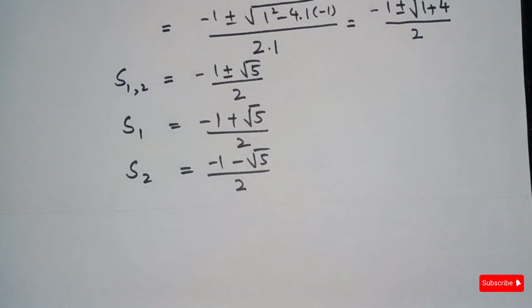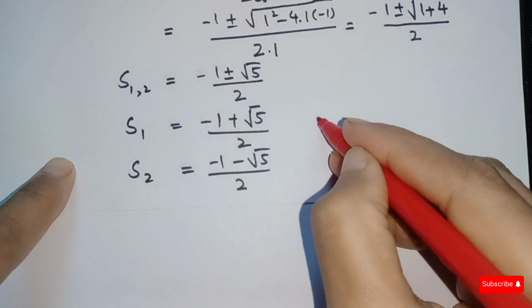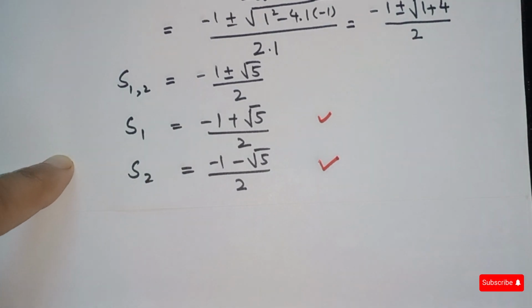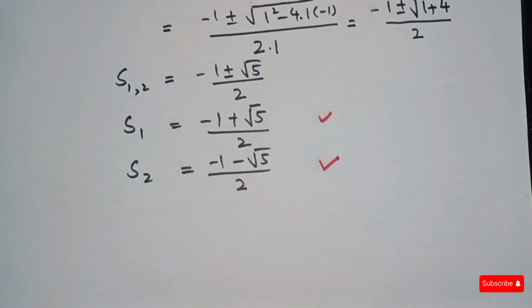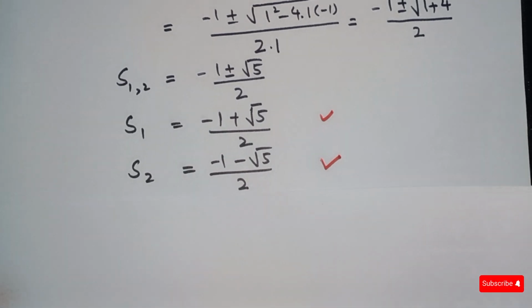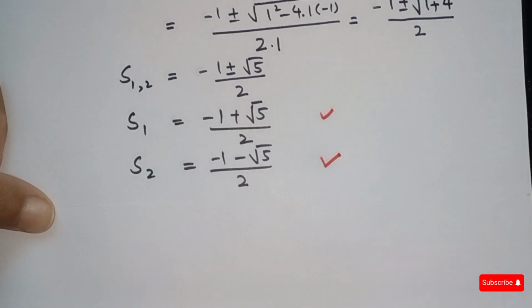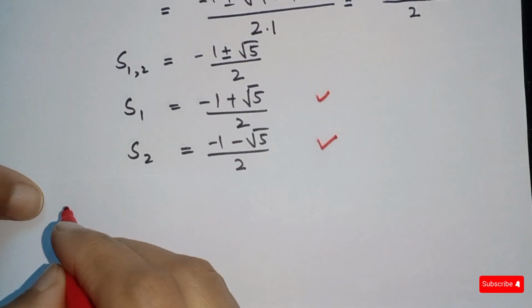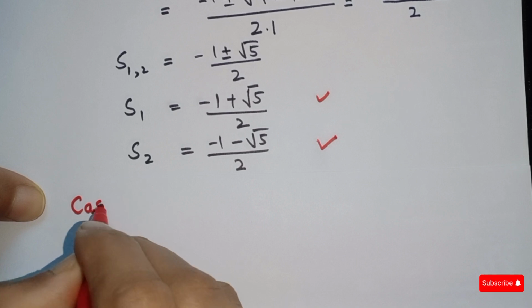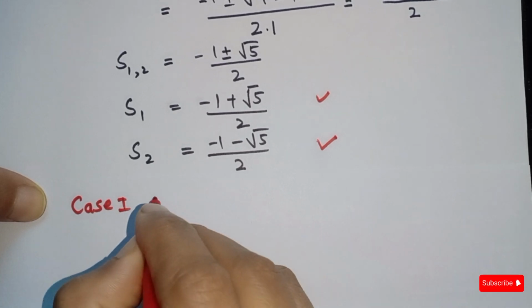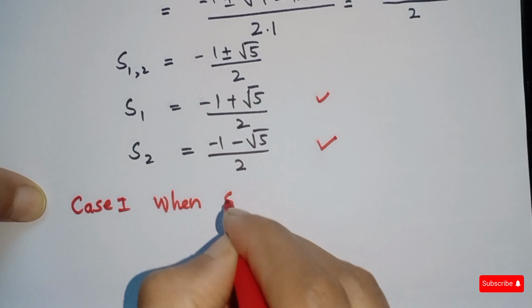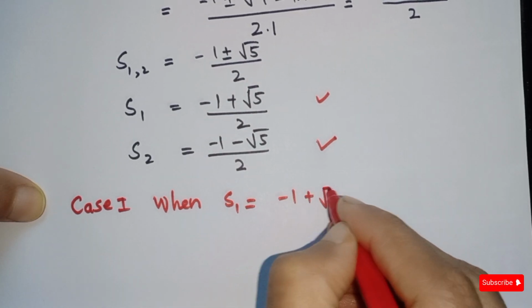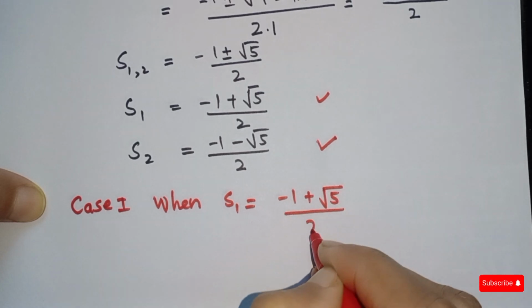So we have two cases here, for s1 case number 1 and for s2 case number 2. We will solve this question by considering two cases. In the first case, case 1, when s1 is equal to minus 1 plus square root 5 over 2.